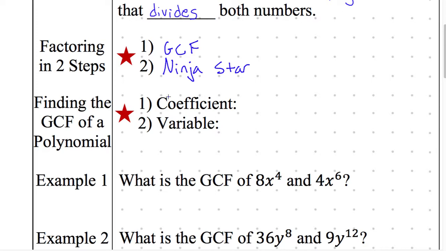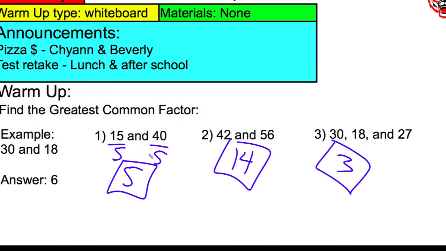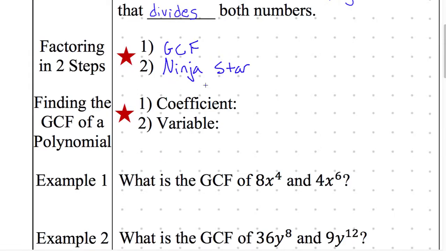You have the coefficient and you have the variable. The coefficient was exactly what we did for the warm-up. The warm-up of factoring out just a number. So coefficient, all I'm going to say here is factor out the number. So coefficient, let's say divide by the GCF. And that should just be a number.